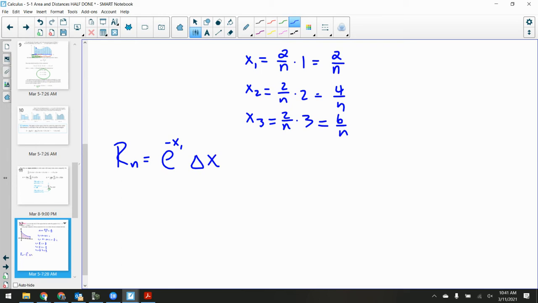We'll plug it in in a second. Plus e to the negative x2 times delta x, plus e to the negative x3 times delta x, all the way up to e to the negative xn times delta x.